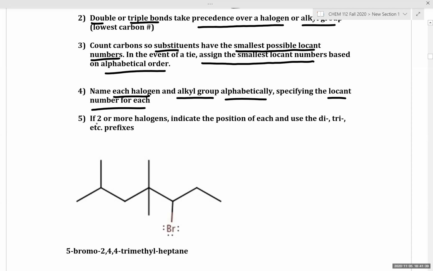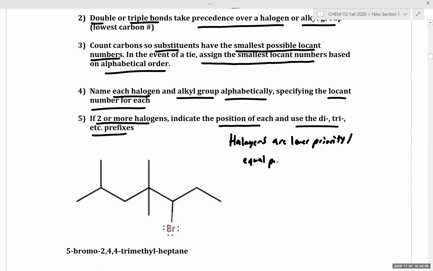If you have 2 or more halogens, you're going to indicate the position of each and use the di, tri, etc. prefixes. And the key important feature for halogens is that halogens are lower priority, or equal priority, to alkyl chains.